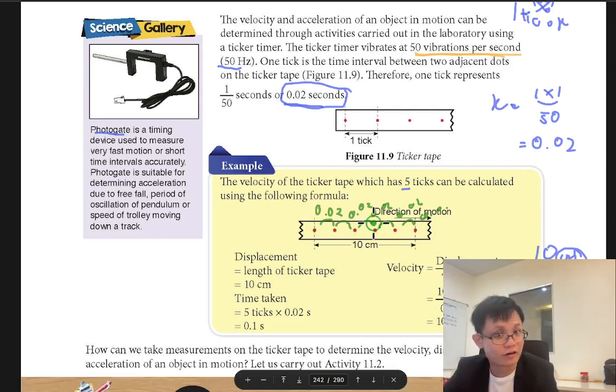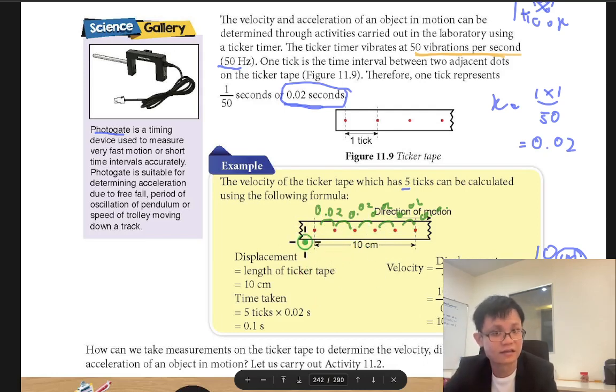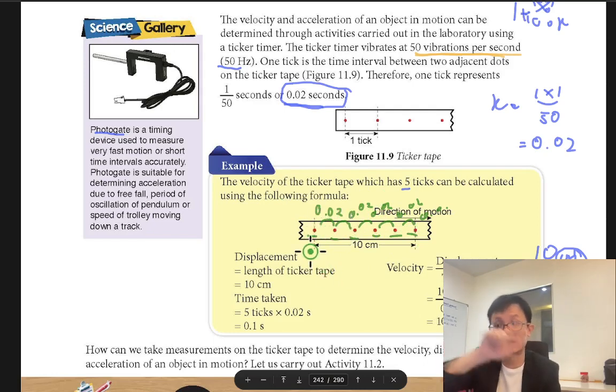If you see what I draw, you can see it is 5 intervals of 0.02 second and not 6. Sometimes students get confused, counting 1 2 3 4 5 6, and they get it wrong. So the easy way is to draw it: if you forget, just draw from one dot to another dot at 0.02 second.